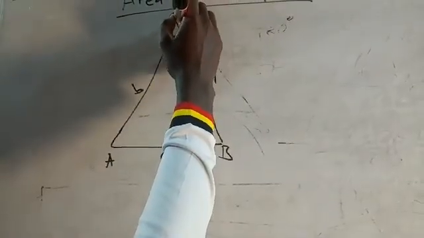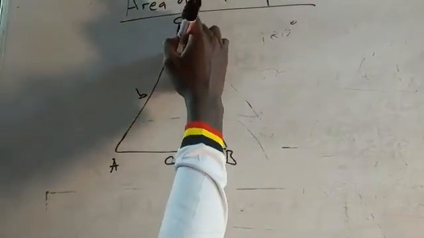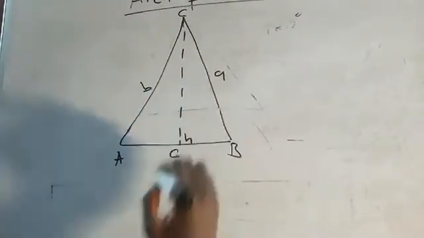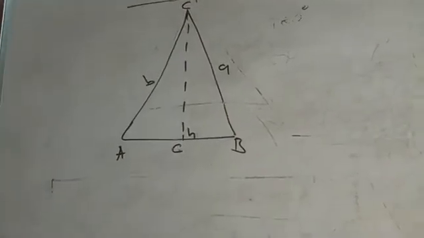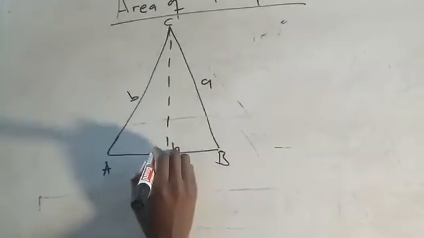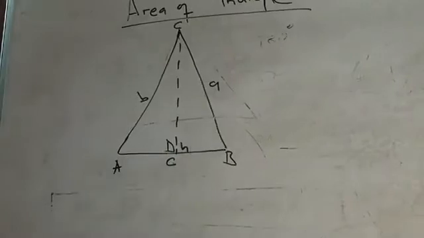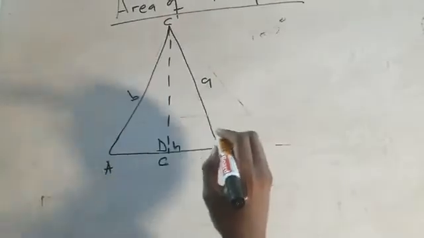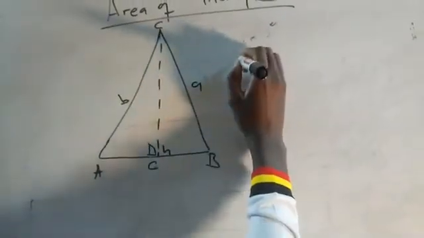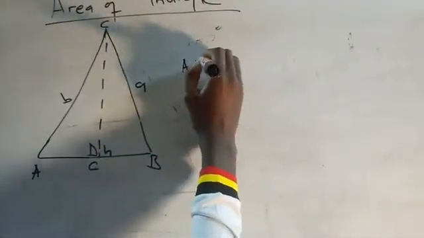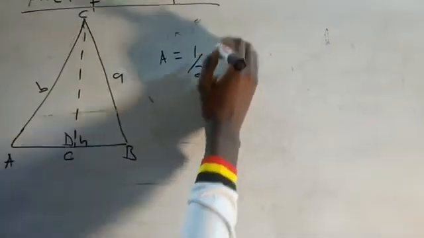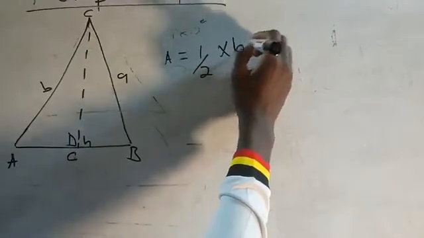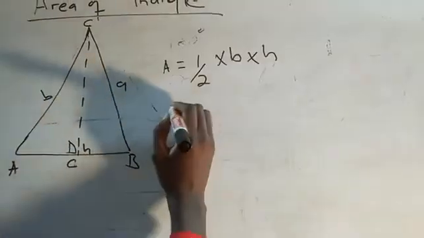So we have our height as H, and it meets the base at point D. From our primary knowledge, we know that the area of a triangle is a half times base times height.